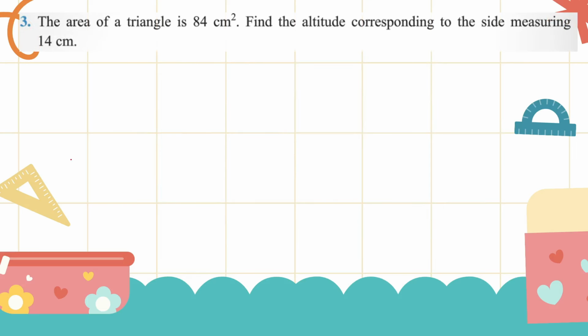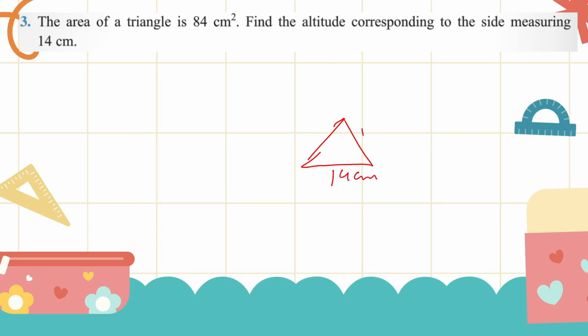Now our third sum, the area of triangle is 84 centimeter square given. We need to find the altitude corresponding to the side. Corresponding means according to this side. Measuring 14 centimeter means one side of the triangle that is given to you is 14.